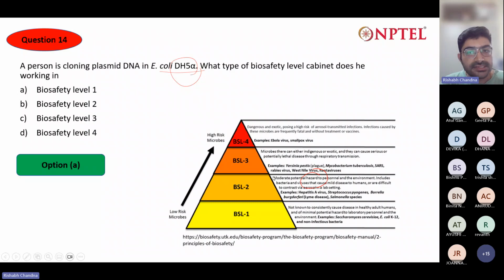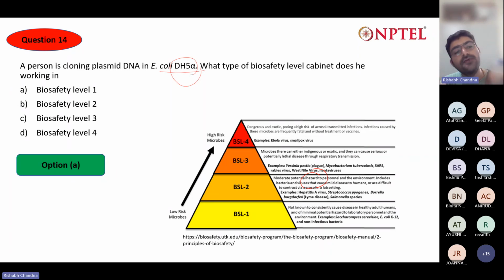And in case of BSL3, there are some exotic organisms, or cases where you know that the organism can cause respiratory transmission or a lethal disease, which belong to BSL3. For example, tuberculosis, Mycobacterium tuberculosis, because it can transmit from one person to another.